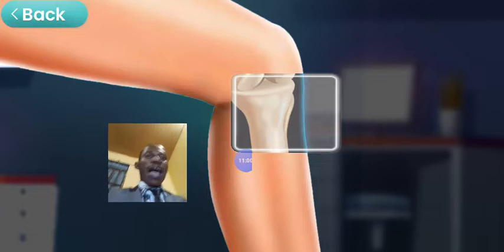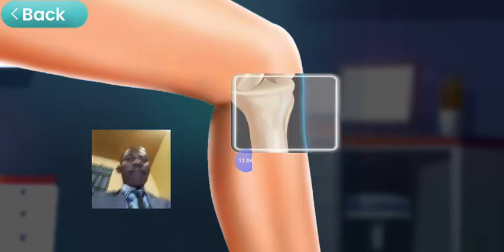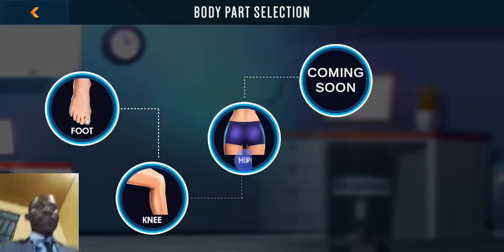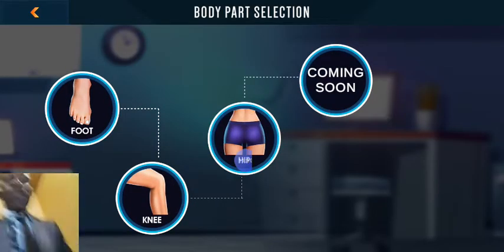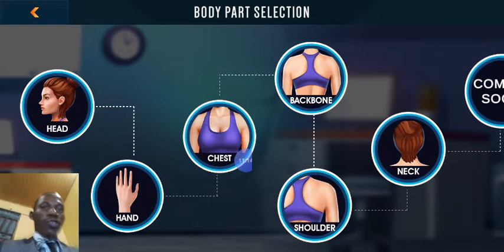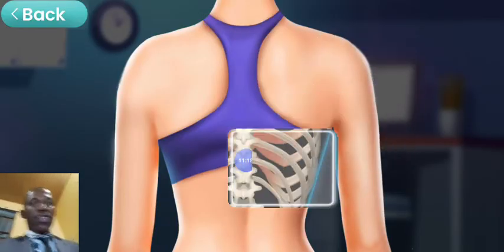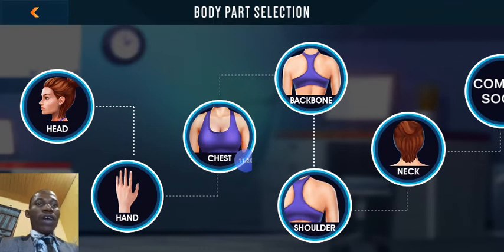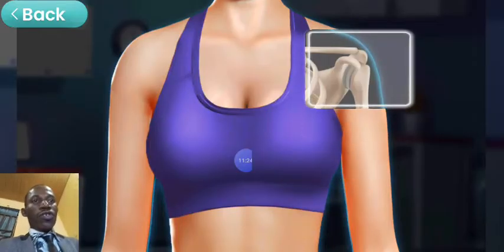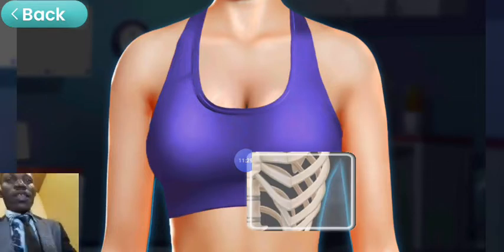We have a joint called the patellar joint, a joint in the shoulder region, and a lot of joints in the body. This is what we are going to take a look at now.